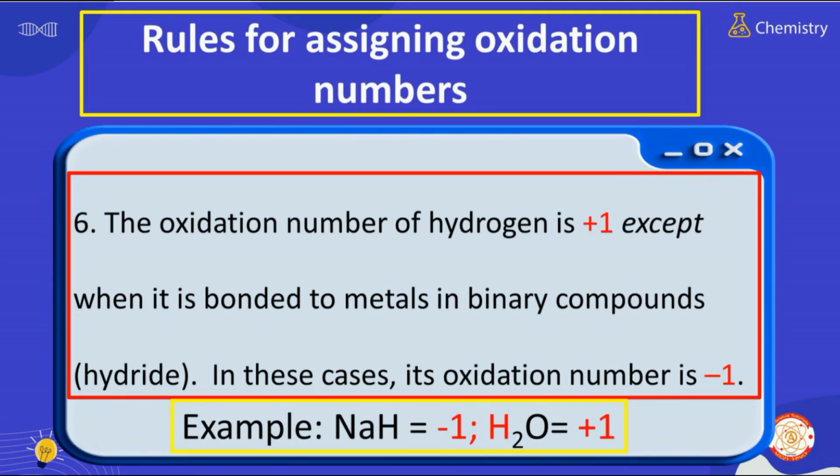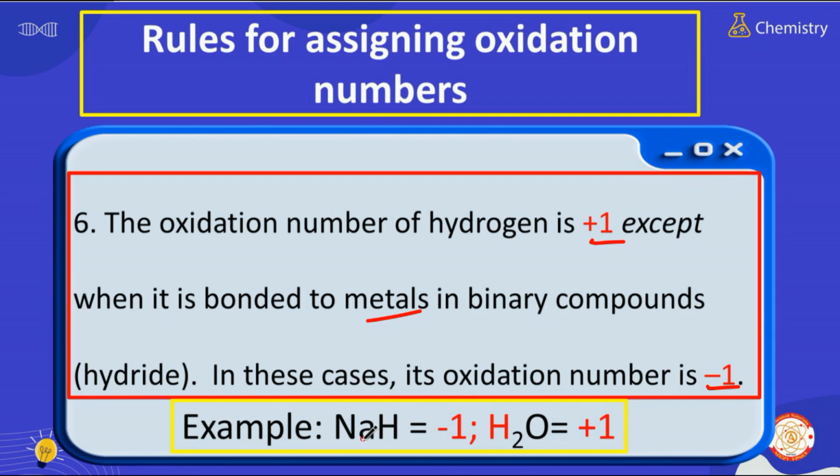Rule number 6. The oxidation number of hydrogen is +1, except when it is bonded to what? Metals, where its oxidation number is -1. For example, sodium hydride.